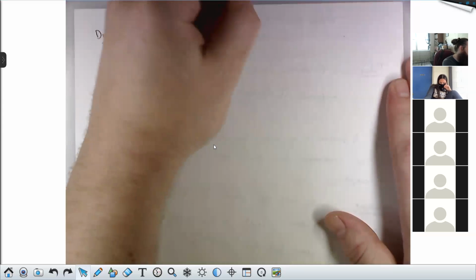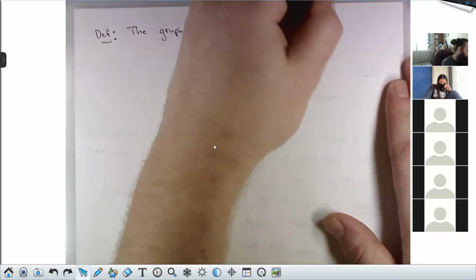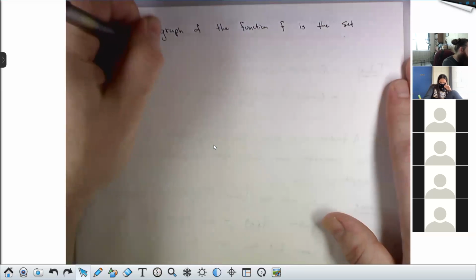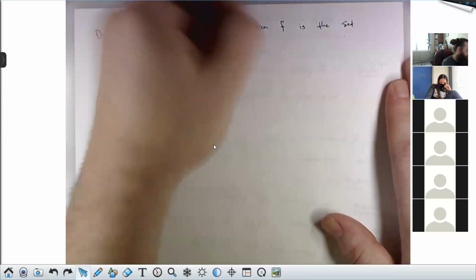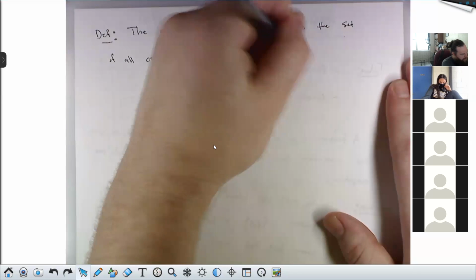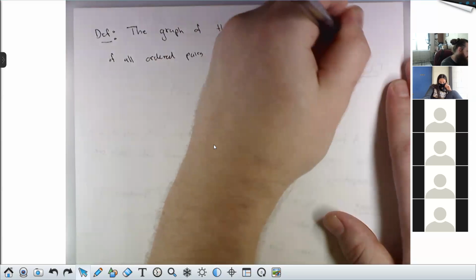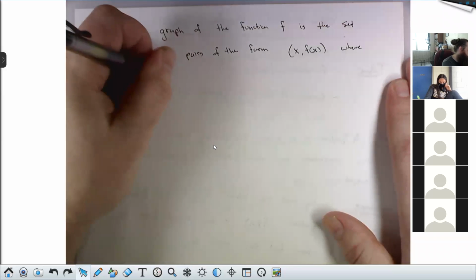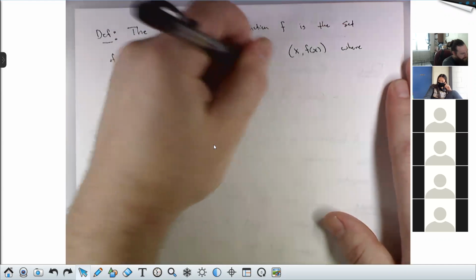The graph of a function, let's say of the function f, is the set of all ordered pairs of the form (x, f of x), where x runs over the domain of f.